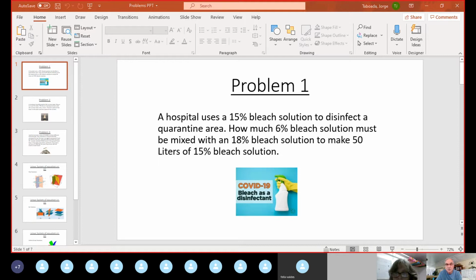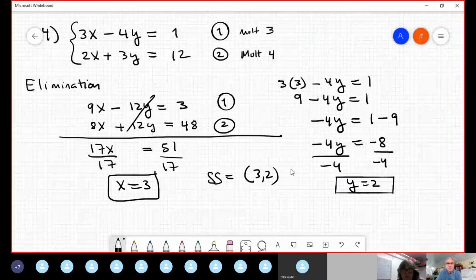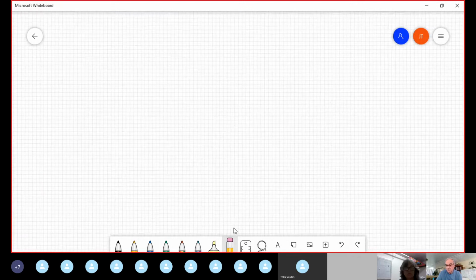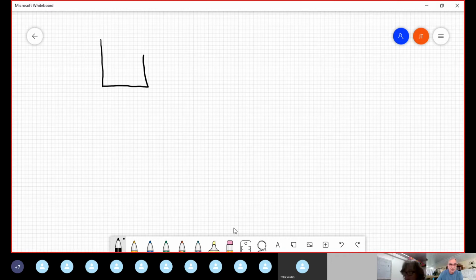Let me come back to the board. Okay, it's my board. Let me erase everything on my board. Good. Let me try to understand. We have one container here. Suppose one container with a solution whose concentration is 6%.